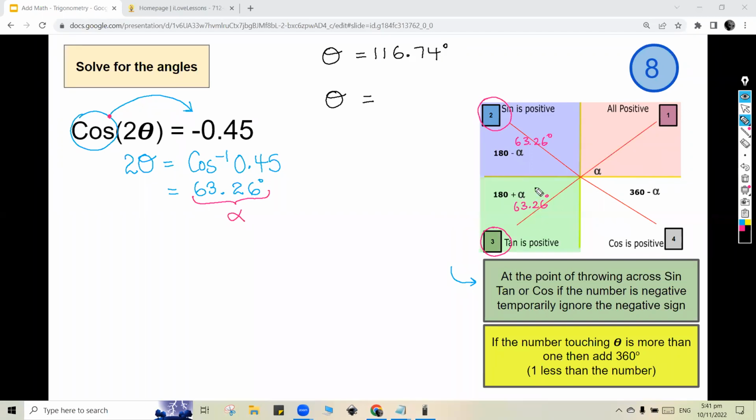And for the other one, I'm getting 180 plus 63.26 degrees, and I'm getting 243.26 degrees. That is what we have so far.